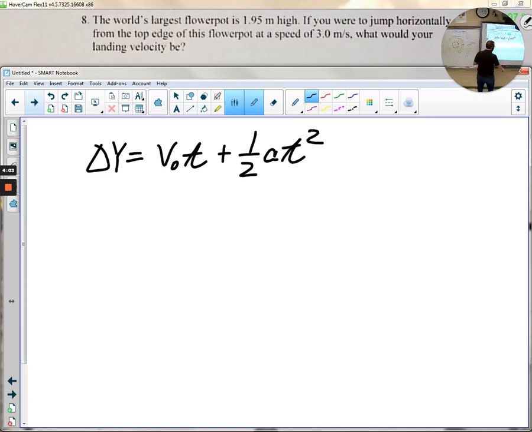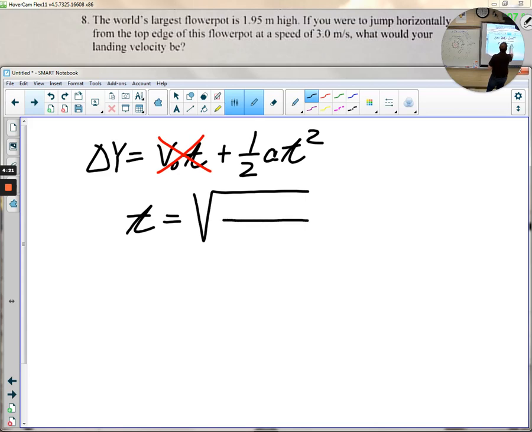Since VO is 0, we don't have to worry about that part. And if we want to isolate T by itself, we're going to multiply both sides by 2, divide both sides by A, and take the square root of both sides, so that T is going to end up equal to the square root of 2 delta Y over A.